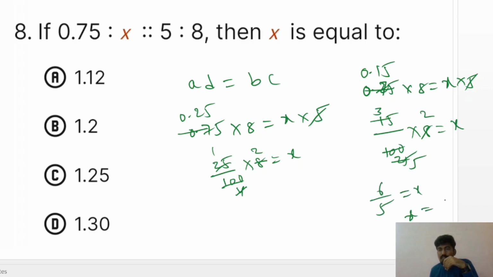X equal to 6 by 5. So the answer is 1.2.